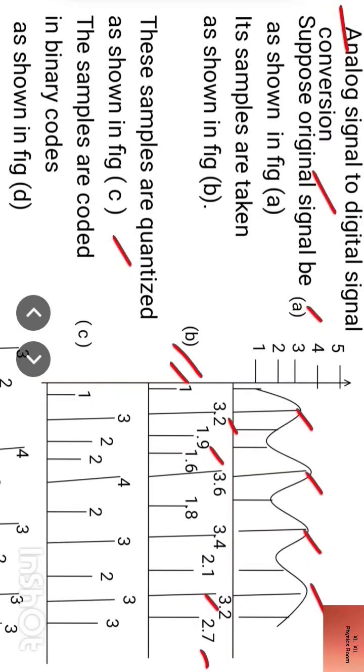Now here after quantization it is 1 already, 3.2 is 3, 1.9 is 2, and then 1.6 is again 2, 3.6 is 4, 1.8 is 2, 3.4 is 3, 2.1 is 2, 3.2 is 3, and 2.7 is 3. This is how we quantized the signal.